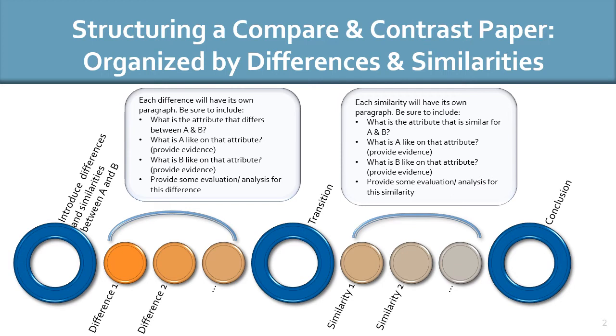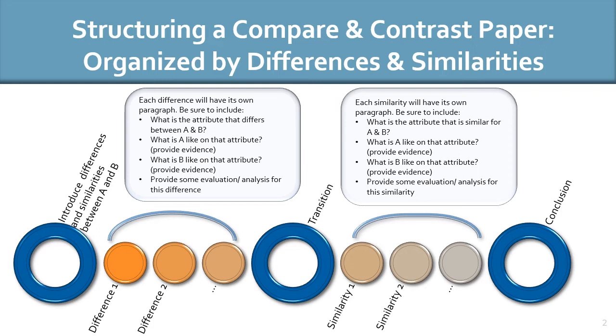So when you present each paragraph, each attribute will have its own paragraph, and you'll talk about the attribute that's similar between the two. What is A like on that attribute? And you'll provide evidence. What's B like on that attribute? You'll provide evidence. And then you'll provide some evaluation or analysis for this similarity.